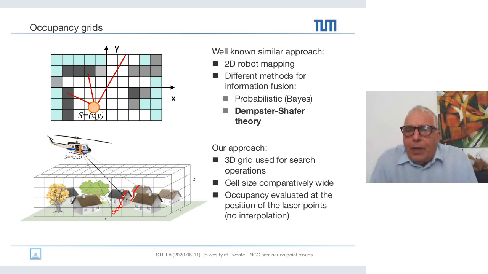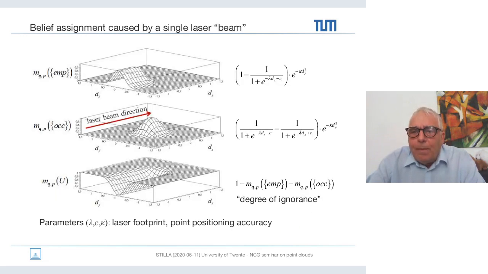Typically for this, we are using occupancy grids very similar to 2D robot mapping, but here we have 3D grid cells, especially for search operations, and the cell size is comparably wide, and the occupancy is evaluated at the position of each laser point. There is no interpolation.